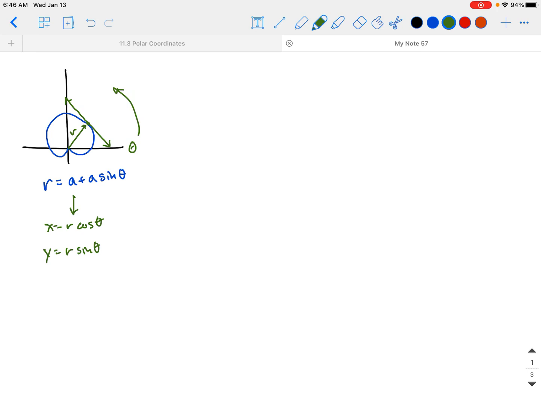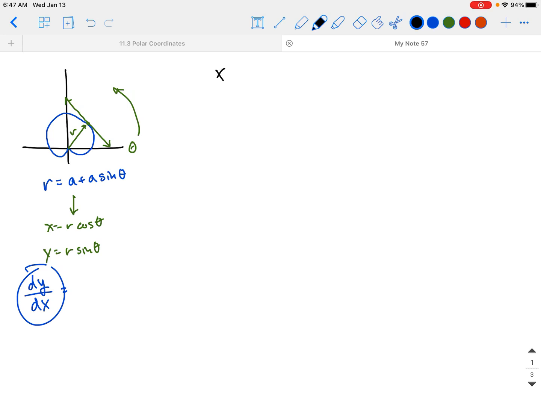So there's a representation we can use with x and y in terms of r and theta, which means that we can convert this using derivatives to get dy dx. So our normal tangent line slope that we think of in terms of x and y. So that's what we need to build for this portion.